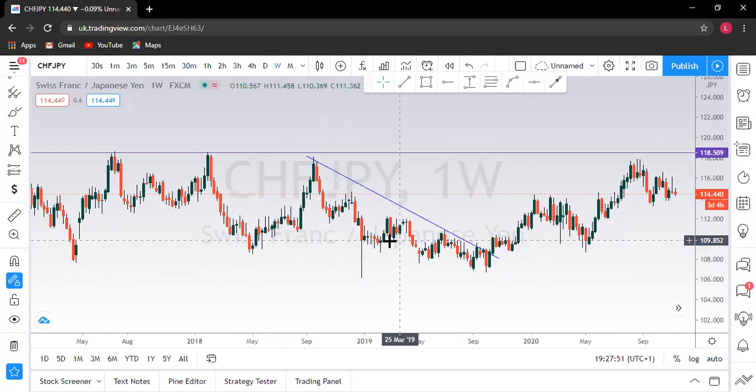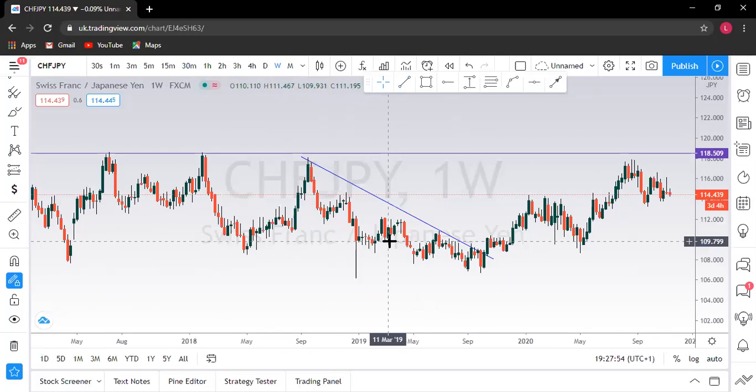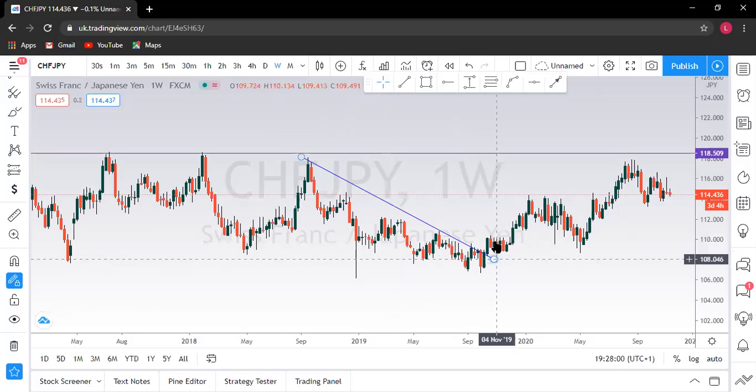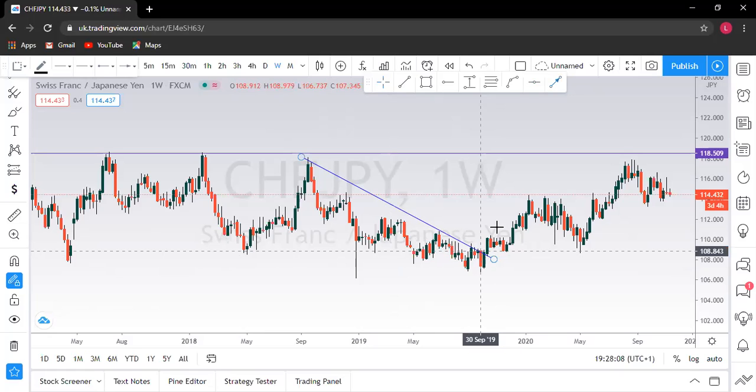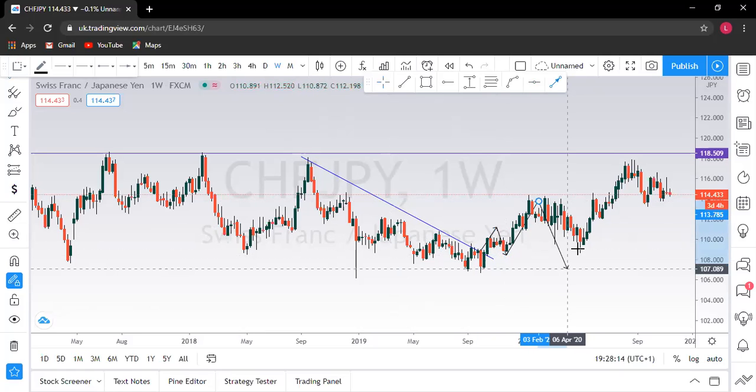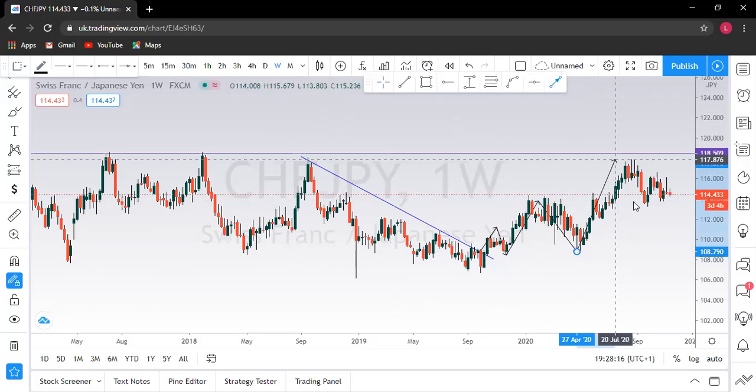But when you look at it very well, the market has broken the trend line. Can you see that the market has broken the trend line? Then after breaking it, based on what I taught you, see what happened? It came back to retest it, then continued going up, forming a series of higher highs and higher lows.